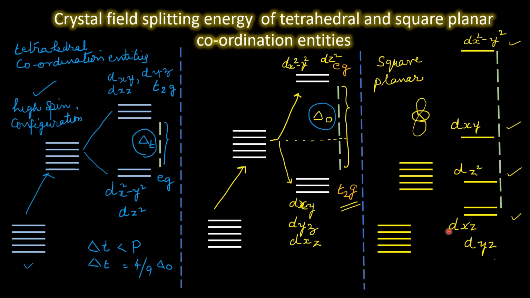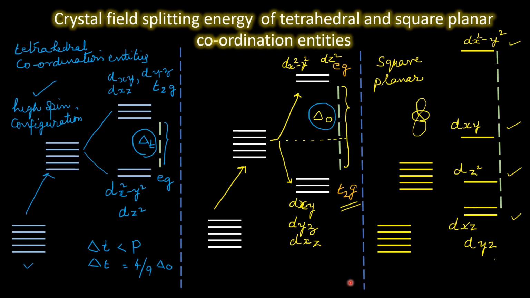And when we come to dxz and dyz orbitals, they lie totally outside the plane of the compound. Therefore, they experience least repulsion. So, they possess the least energy. Since the repulsion is less, electrons will first enter these two orbitals. The energy difference between the least energy and the highest energy level in the crystal field splitting is called crystal field splitting energy.